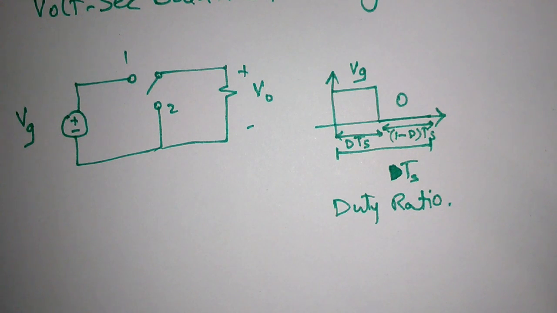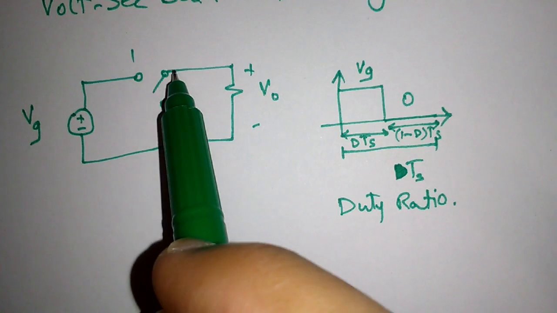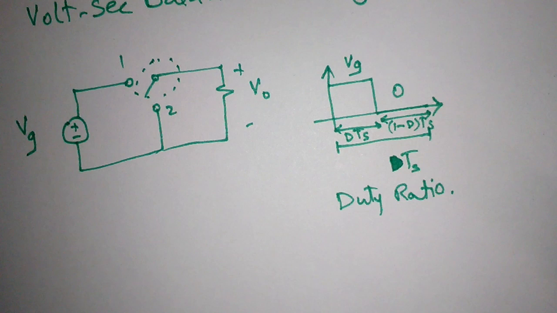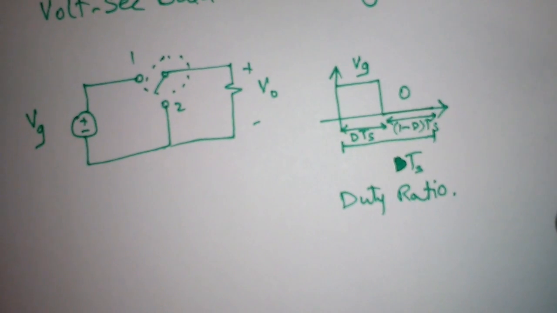So we need some form of low pass filter which can filter out high frequency elements and give us a steady DC voltage at the output stage. So at this point we need to attach some low pass filter which can filter out high frequency elements. So the basic circuit of buck converter comes out to be like this.